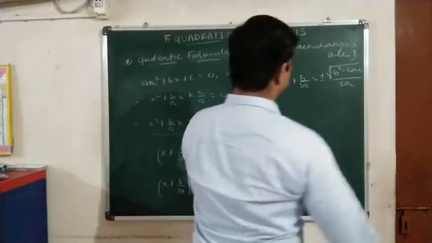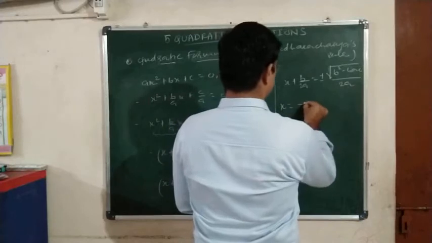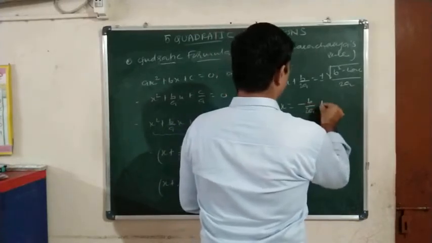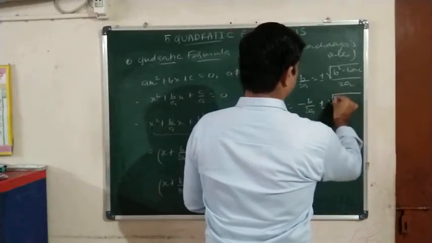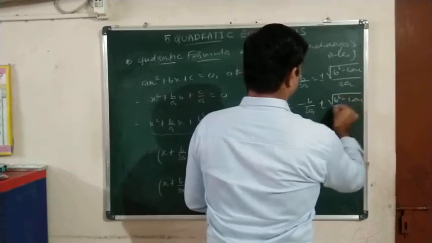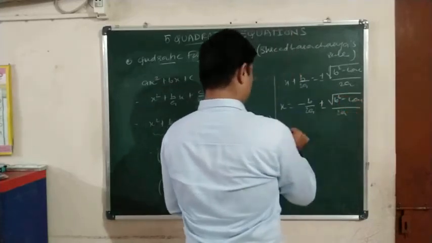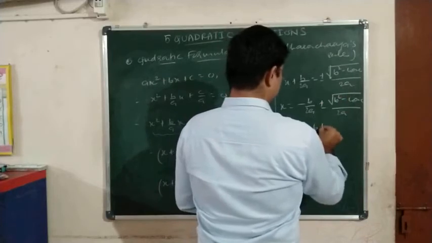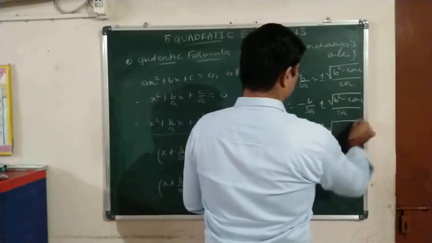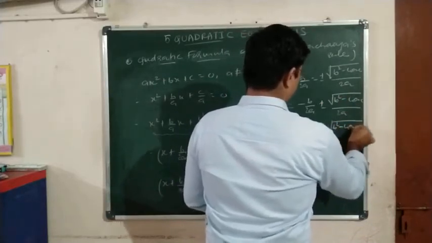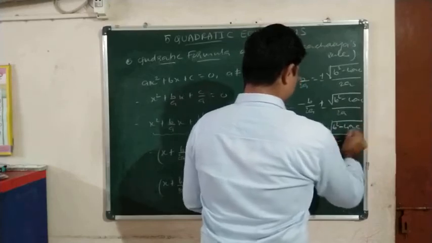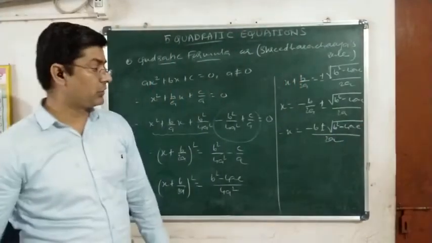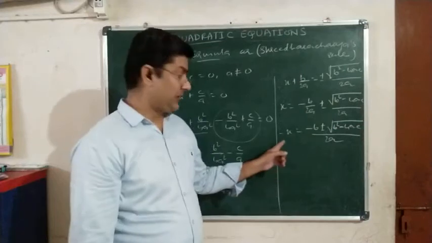Now transpose b by 2a to the right side, so minus b upon 2a plus or minus square root of b square minus 4ac by 2a. Now 2a is the LCM we can take, so we arrive at the formula which is called Sridharacharya's rule or the quadratic formula. Two values of x we will get.